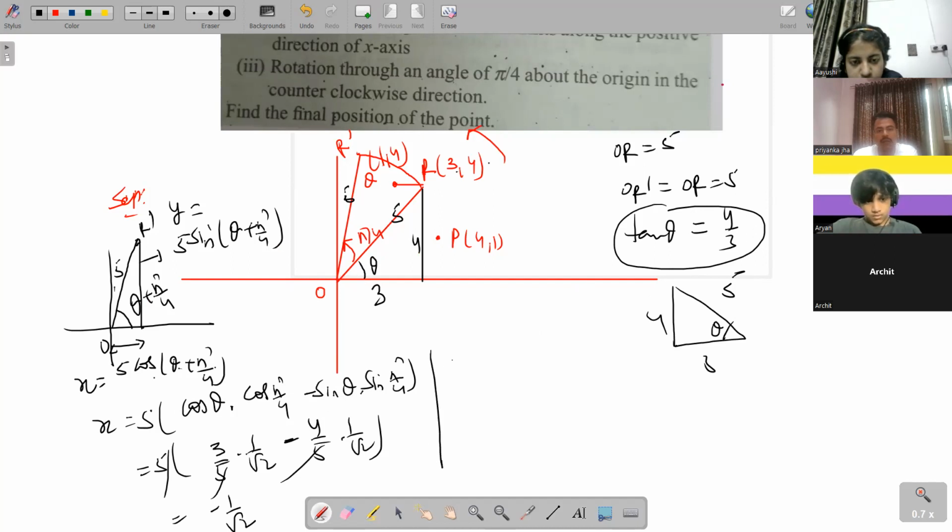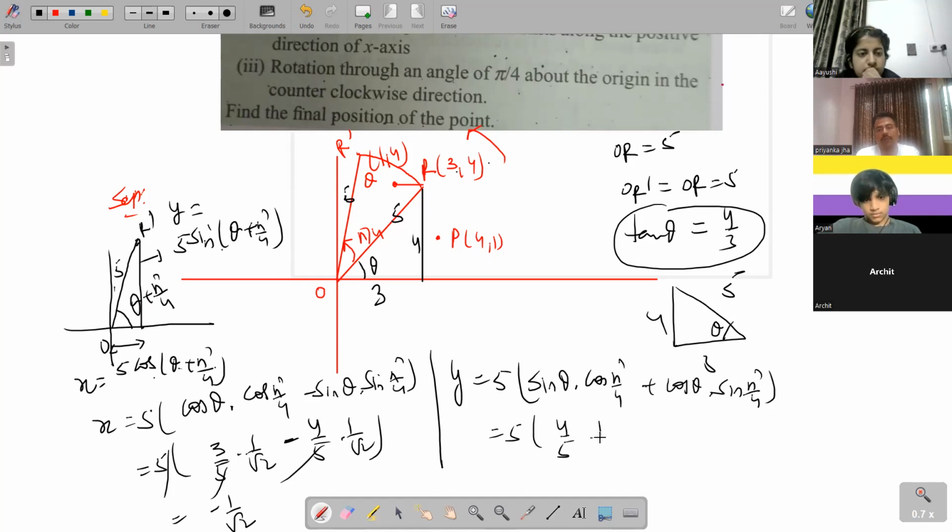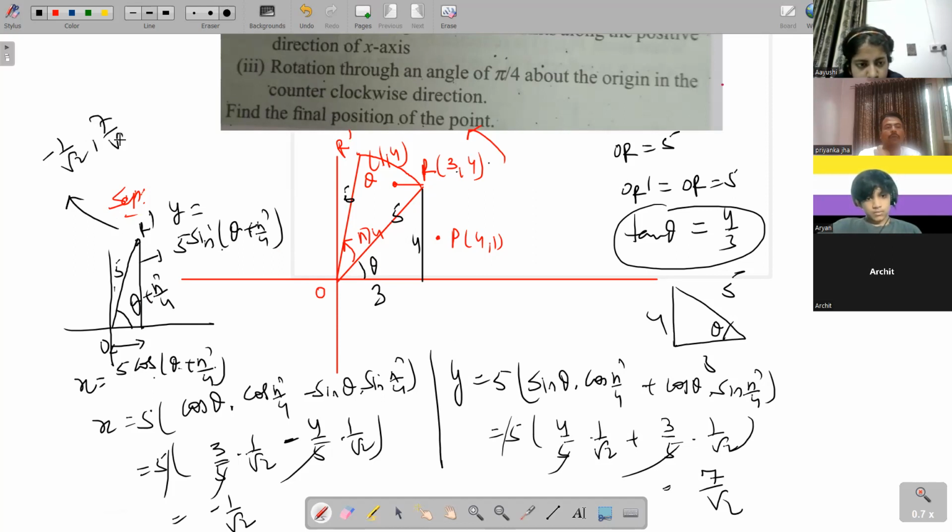And for y, you have to calculate 5 sin(A plus B). That is going to be sin A cos B plus cos A sin B. Sin is 4 by 5, cos is 1 by root 2, plus cos is 3 by 5 and sin is 1 by root 2. The 5 is gone. You can see now from here, this is 7 by root 2. So the coordinate of this point would be (minus 1 by root 2, 7 by root 2).